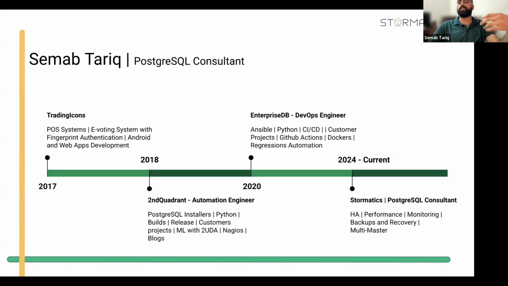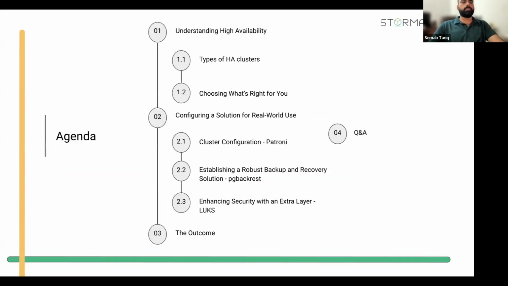And at Stormatics, we are keen to provide professional services for Postgres that include high availability, performance monitoring, backups, and recovery solutions as well. So this is the agenda about what we are going to cover in today's session. First of all, we are going to understand what high availability is and what are the main types of highly available clusters.